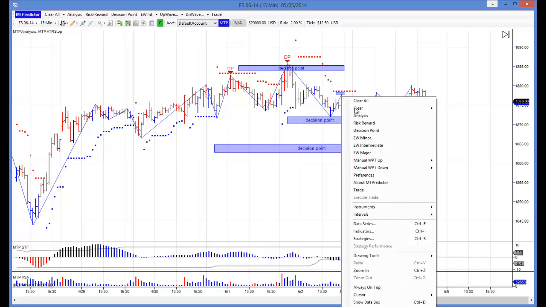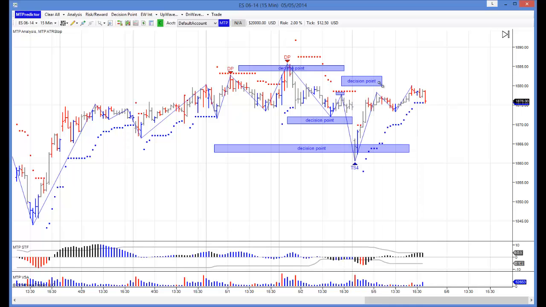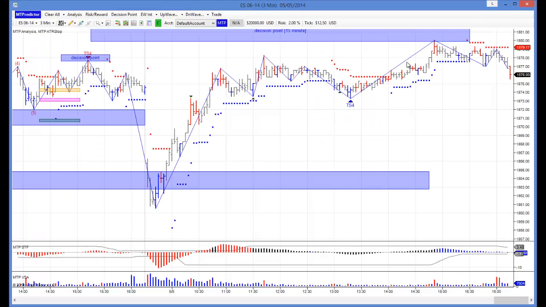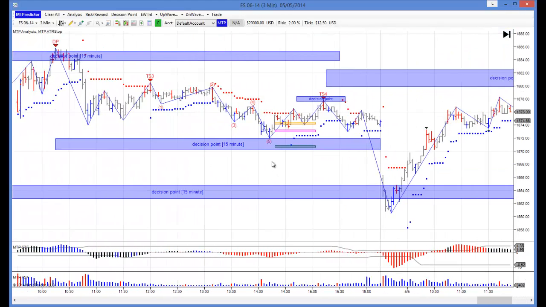Let's do that up at the high there, and also how not only did we have some nice trade setups yesterday, which was Monday, but particularly the day before, which was Friday the 2nd of May, a lovely DP sell right at the high of the day at the 15-minute decision point as well. Caught a nice trade down there as well, and then a lovely TS3 sell, wave 5 sequence after that, right up into the DP from the wave 4. So Friday unfolded absolutely perfectly.